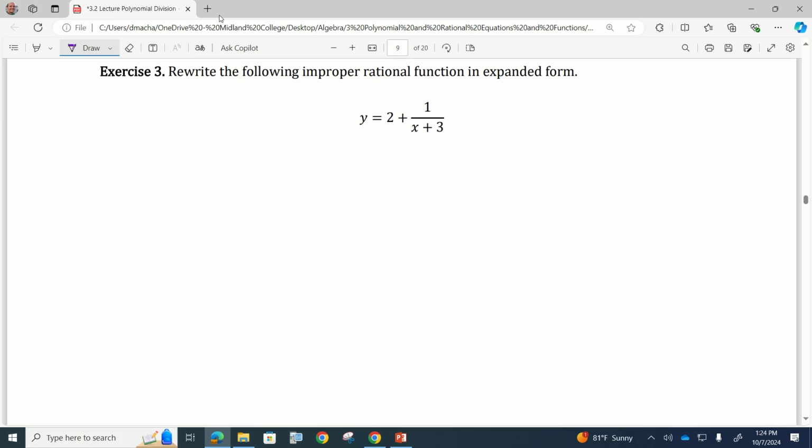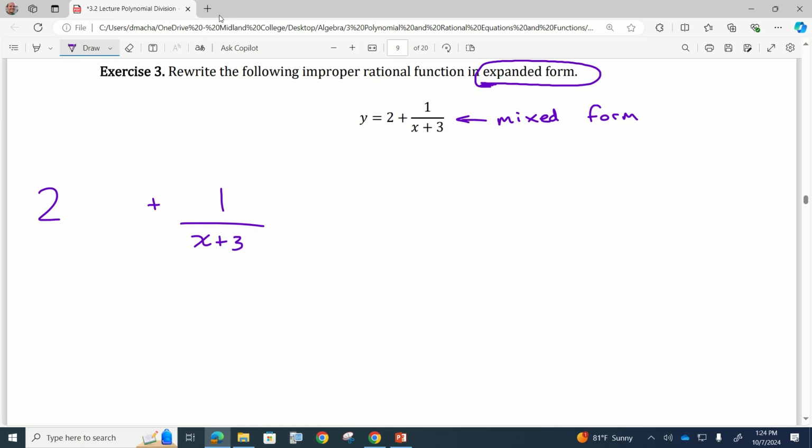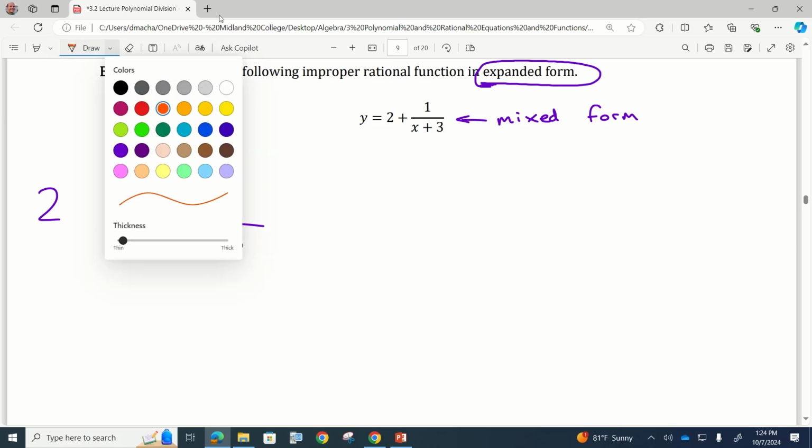What if I want to rewrite this improper rational function in expanded form? So this time, it's actually given to us in mixed form. And I want to expand this. And so if I have 2 plus 1 over x plus 3, what I need to do here is find a common denominator.